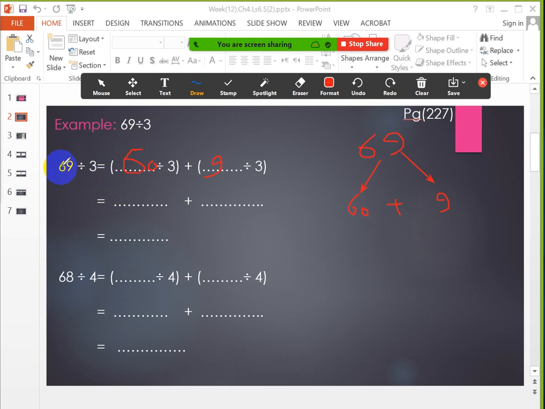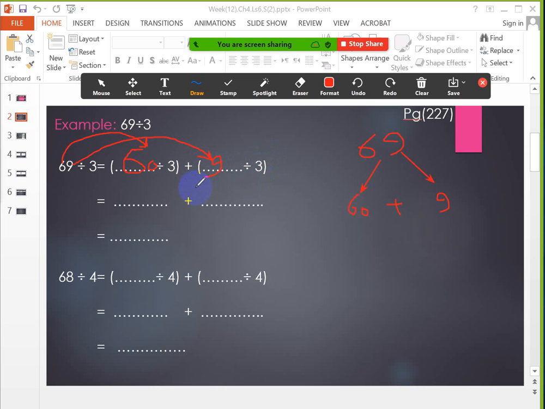Okay, so I break 69 into 60 and 9. So first, 60 divided by 3 between parentheses, plus 9 divided by 3 between parentheses.